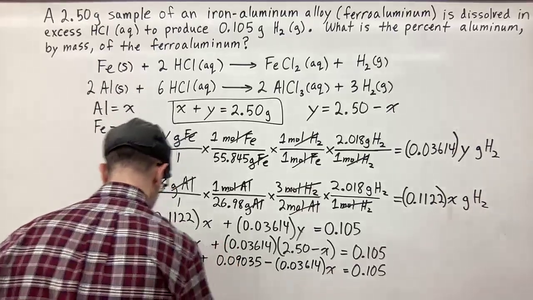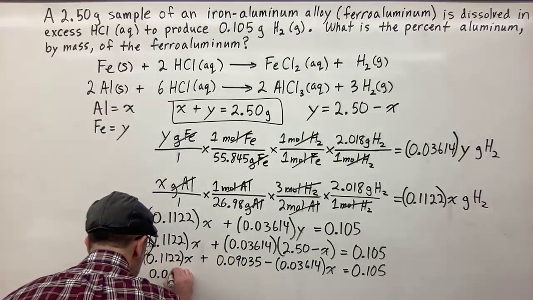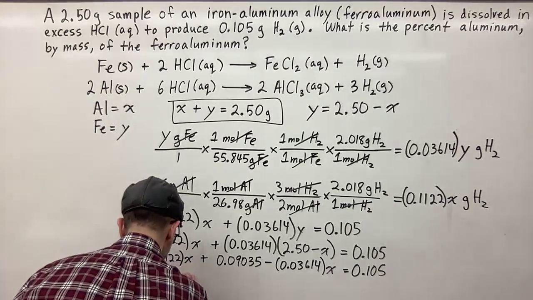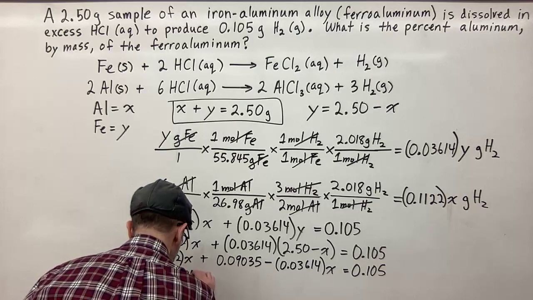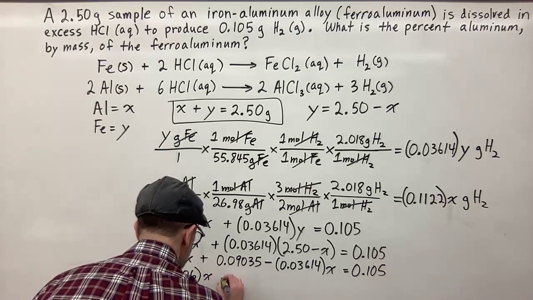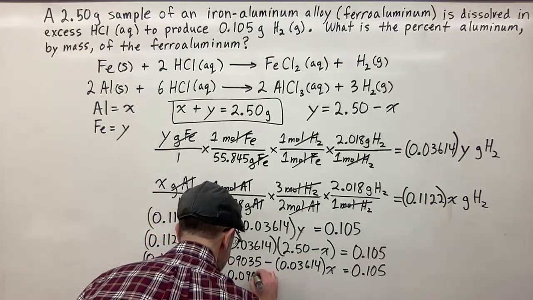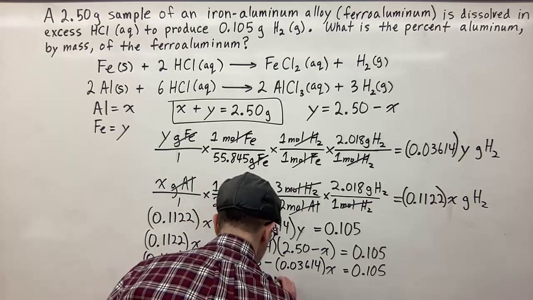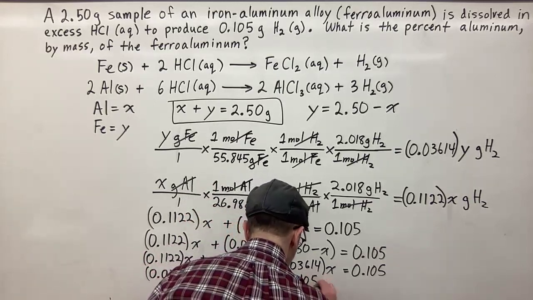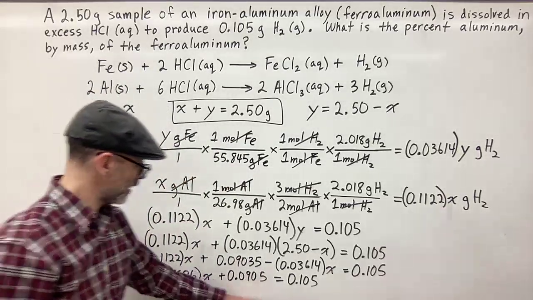Yep, 0.07606x plus 0.09035 is equal to 0.105. And then my next step is to add these two terms together.